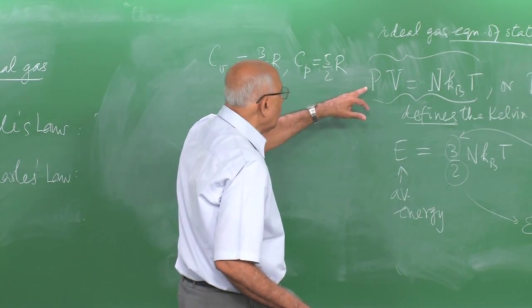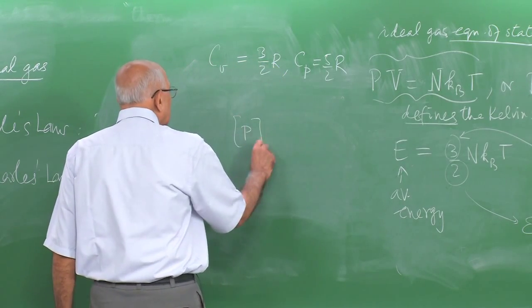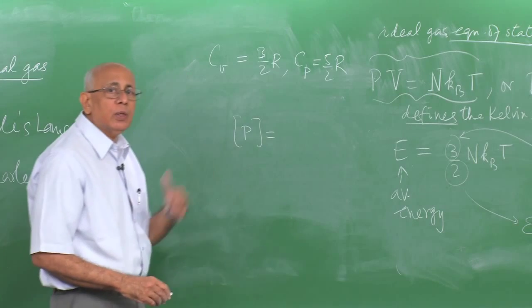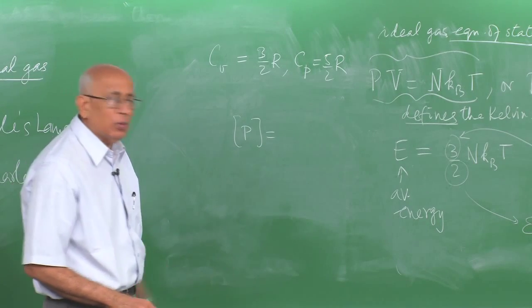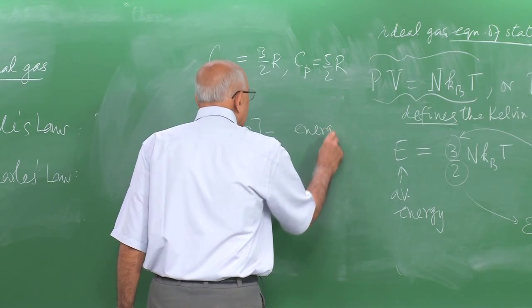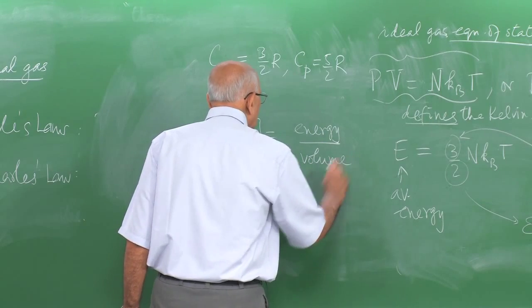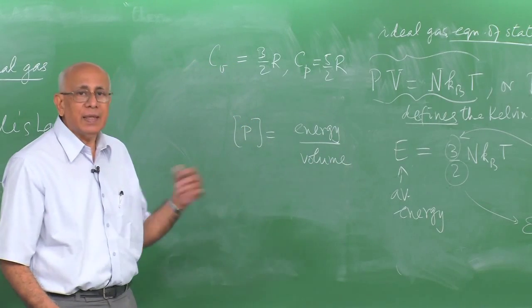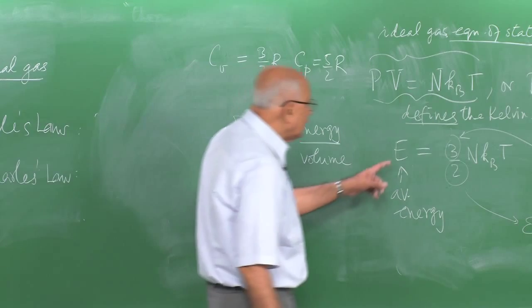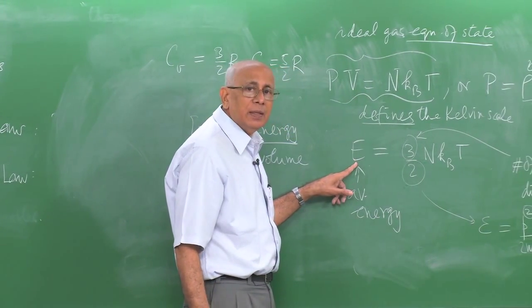which is that notice that the pressure, the physical dimensions of pressure is force per unit area or energy per unit volume. So it is like the energy density. On the other hand, this thing here can also be written as an expression for the energy density here.